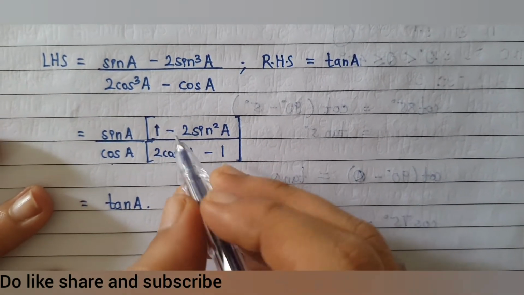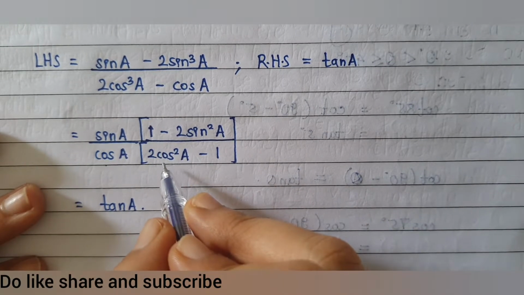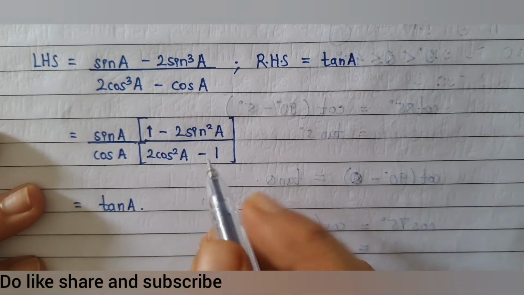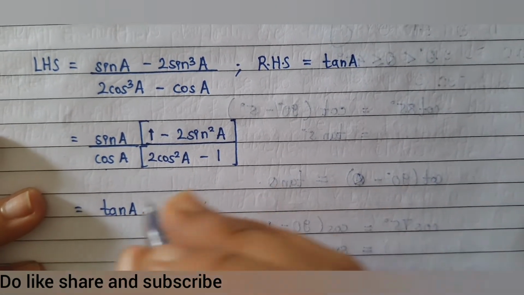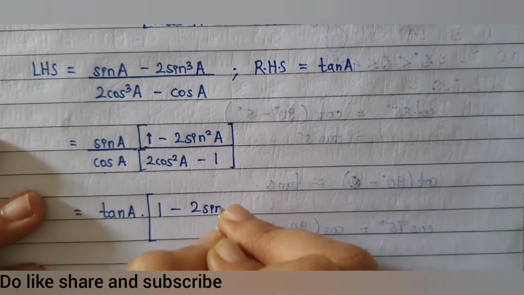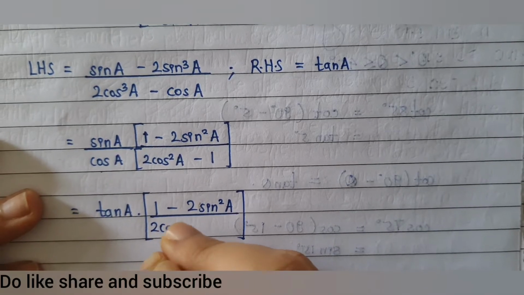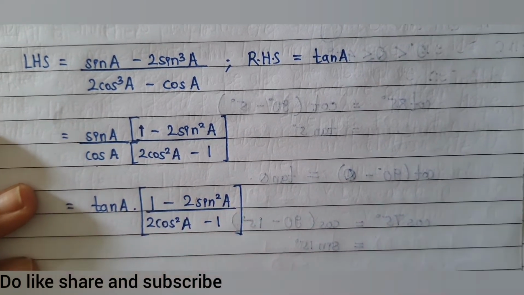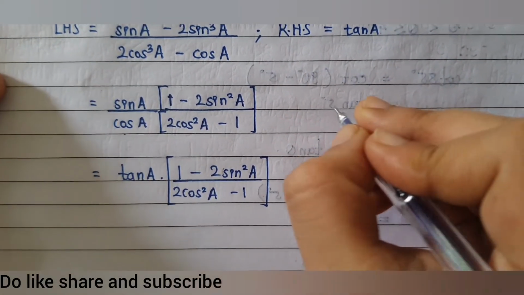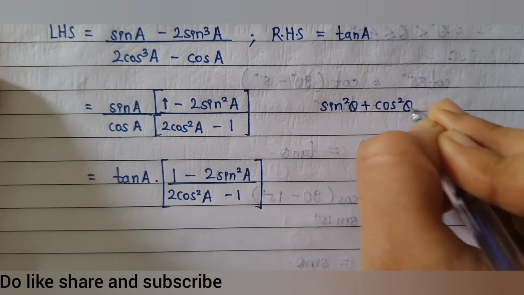Now this (1 minus 2 sin square A) divided by (2 into cos square A minus 1), we have to eliminate this one. So let me write it first: (1 minus 2 sin square A) divided by (2 into cos square A minus 1). We have sin square theta plus cos square theta is equal to 1.